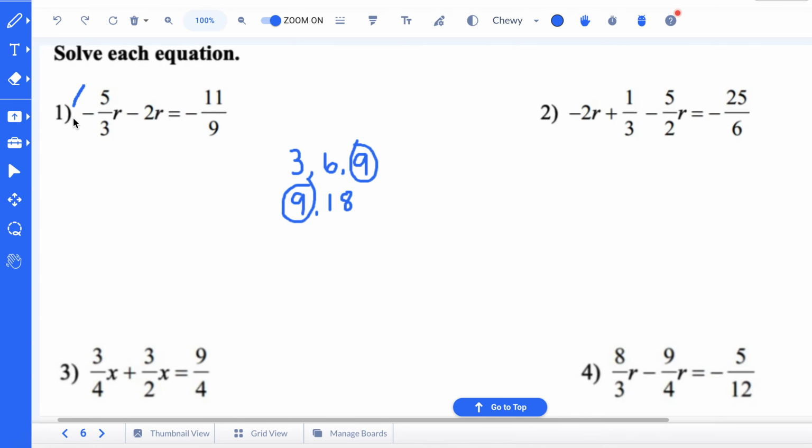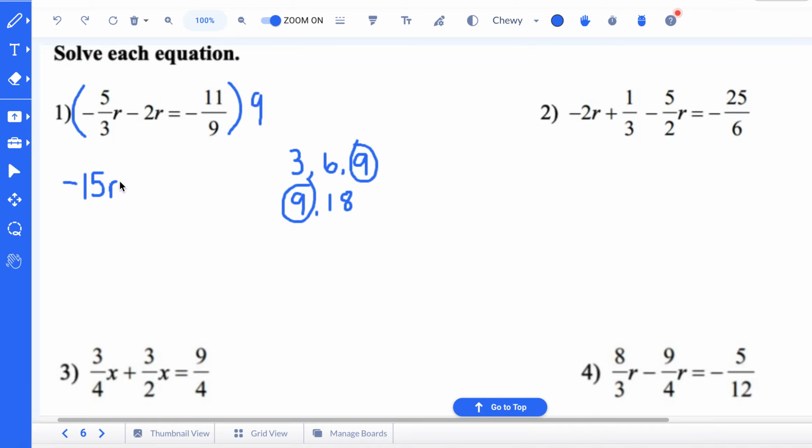So now I'm going to multiply my equation by 9, and when I multiply, I'm going to multiply everything by 9. So when I multiply 9 times the 5, it's going to be a negative answer. So 9 times 5 is 45, and 45 divided by 3 is 15. So now we have negative 15r.